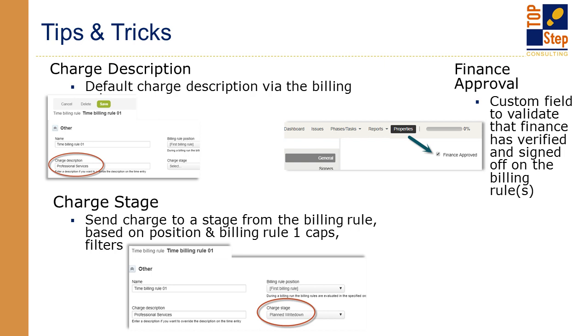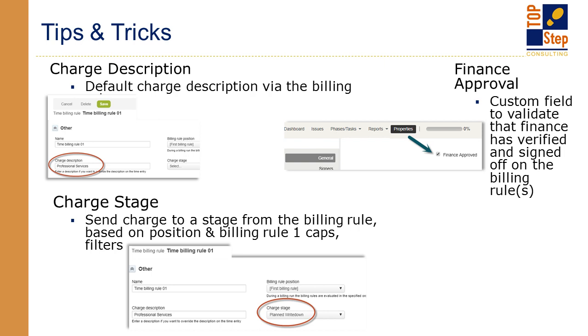And then in position 2, I would have a rule that says, effectively I'm just not going to bill those time entries and those charges, by sending those directly to the charge stage of write-off. Certainly if you do need to bill those hours later, it's very easy. And the same with the on-hold billing, it's very easy to clear the charge stage and queue those up for billing.